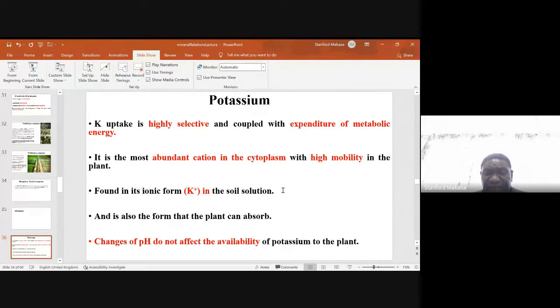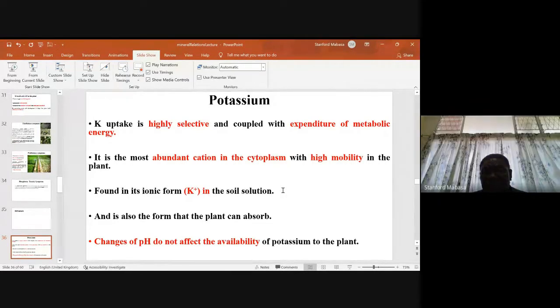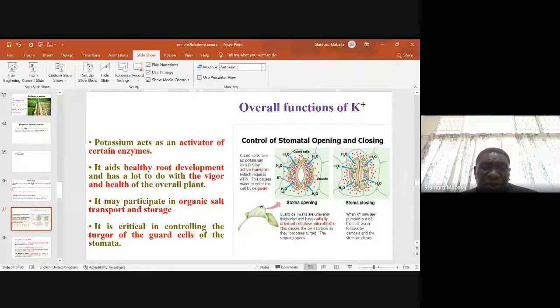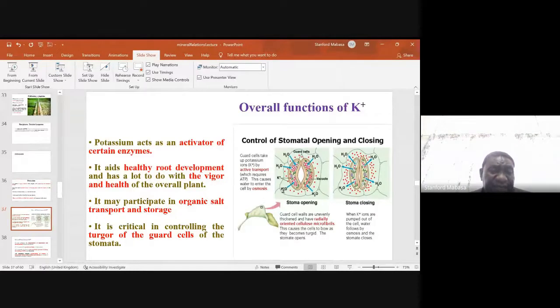Now, changes of pH do not affect availability of potassium to the plant. Now, potassium also acts as an activator of certain enzymes. So it is a very important element. It is also required for root development.